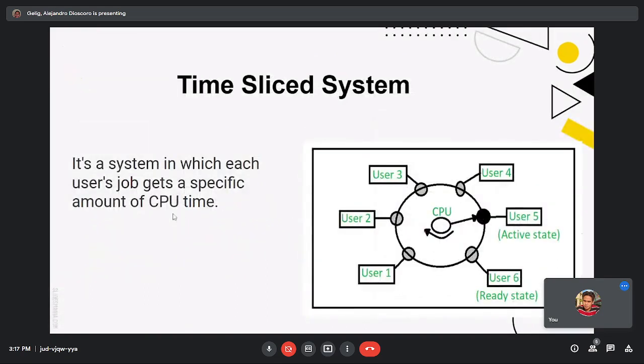The next one is the time slice system. It is a system in which each user's job gets a specified amount of CPU time. In other words, each task is assigned a short period. These time slices appear too small to the eyes of a user.